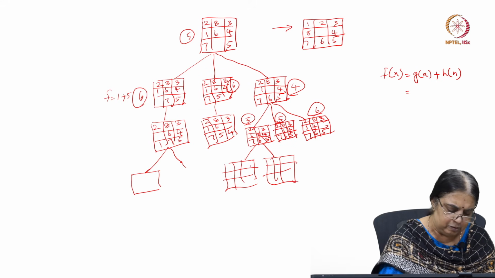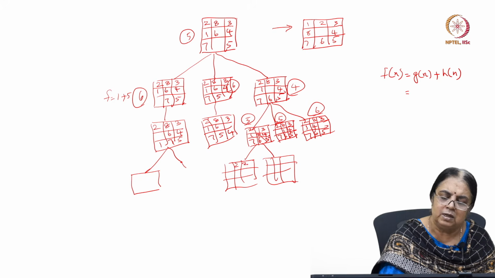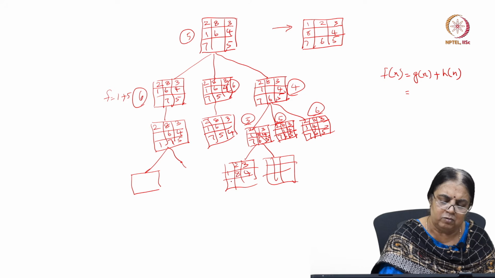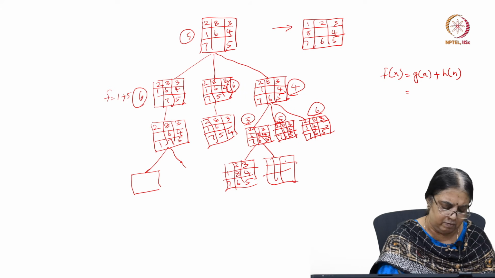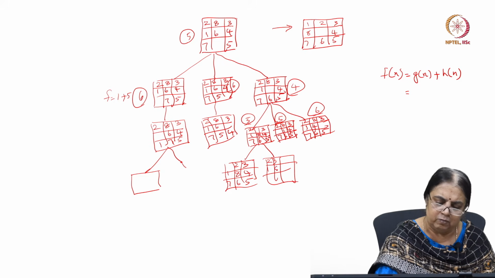You will get 2, 3, 1, 8, 4, 7, 6, 5, and you get 2, 3 this way, 1, 8, 4, 7, 6, 5.